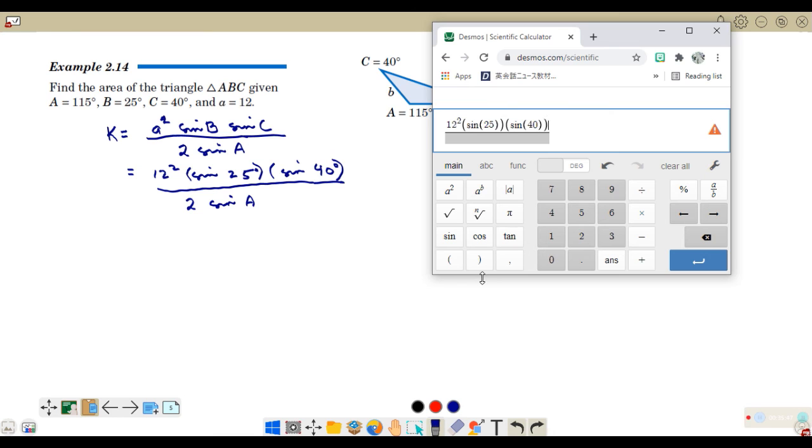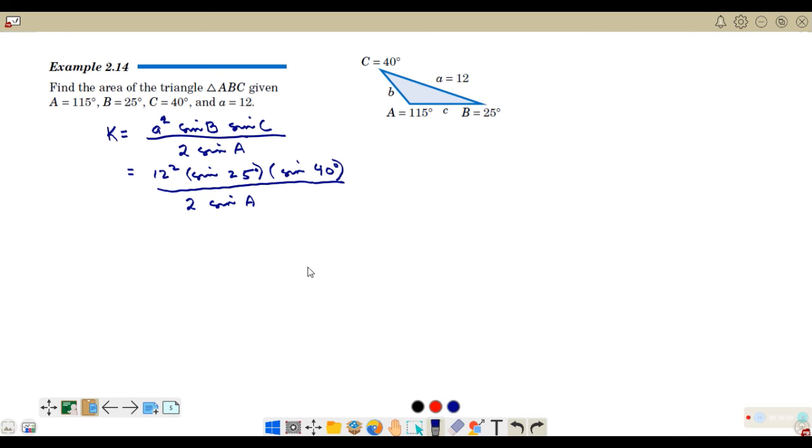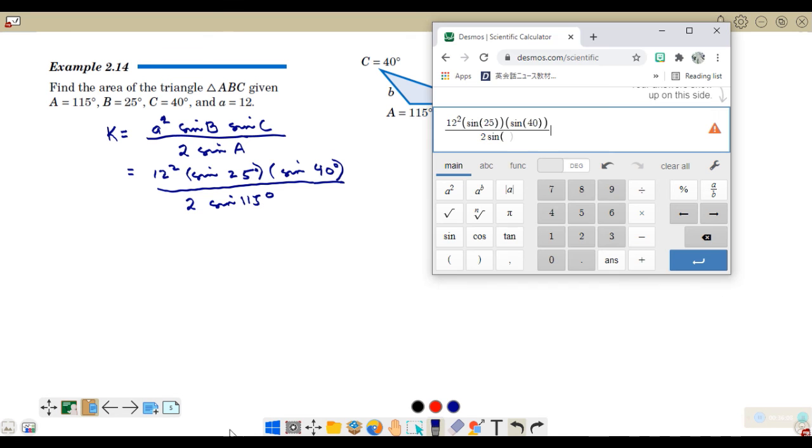Ayan. Next, sa baba, we have 2 sine A. Aba, anong A? Ang A ay 115. 115 degrees. Sine 115.